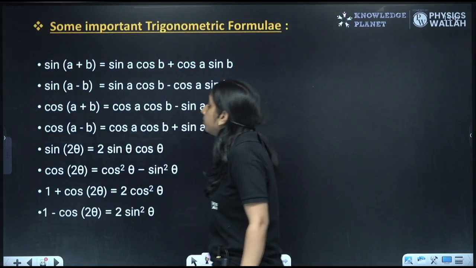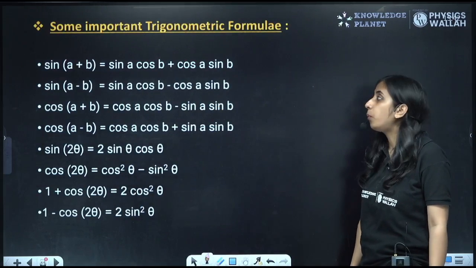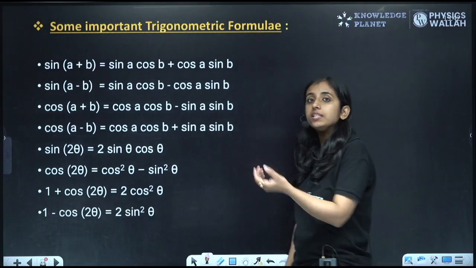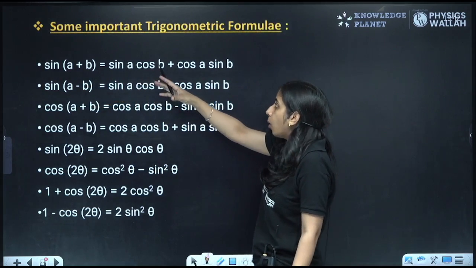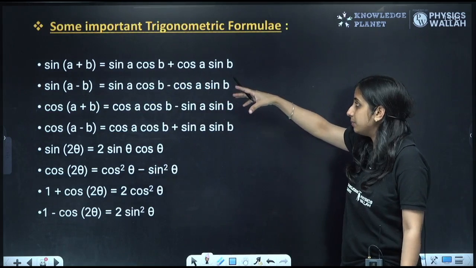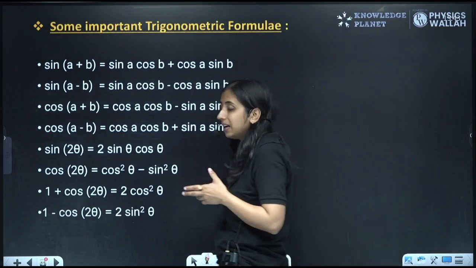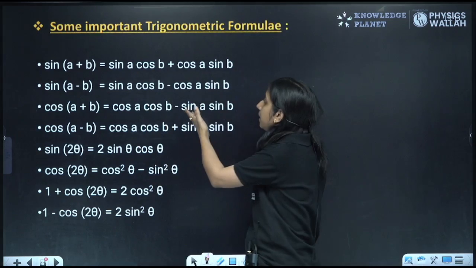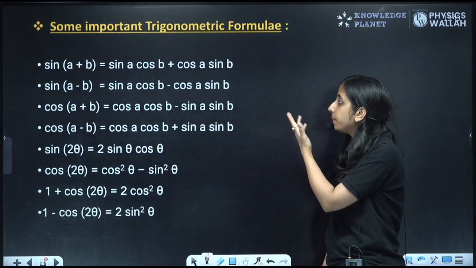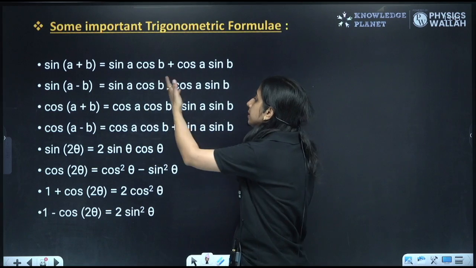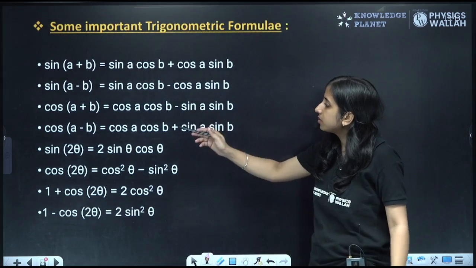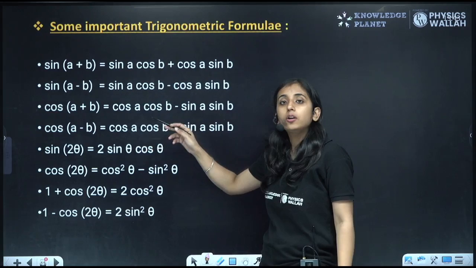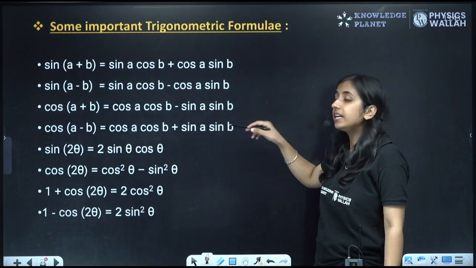Now let's move forward. These are some important trigonometric formulae: sine of a plus b is equal to sine a cos b plus cos a sine b. Similarly, sine a minus b is sine a cos b minus cos a sine b. Cos of a plus b is cos a cos b minus sine a sine b. Cos of a minus b is cos a cos b plus sine a sine b.